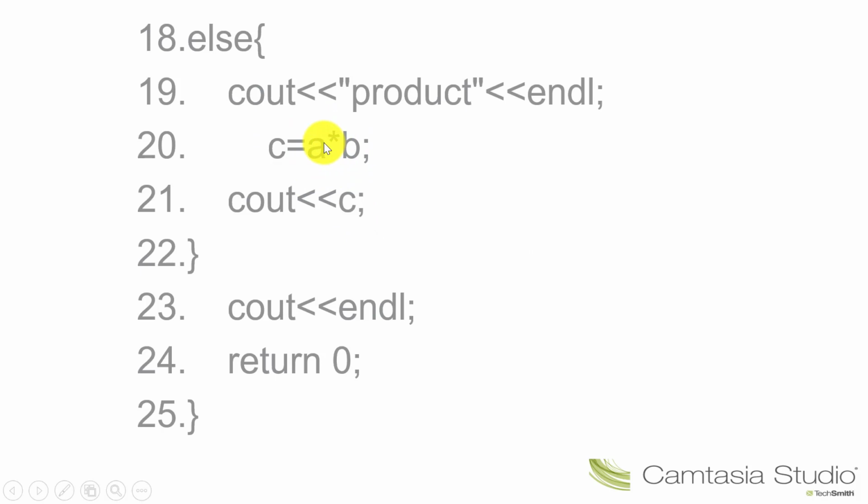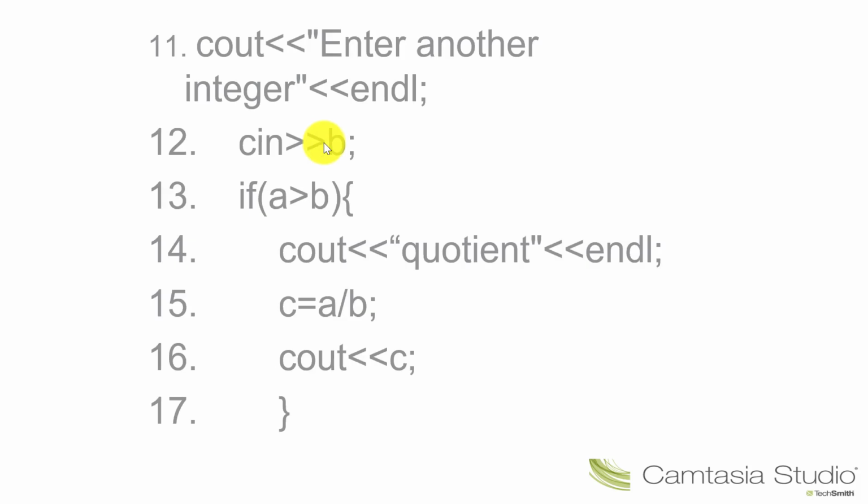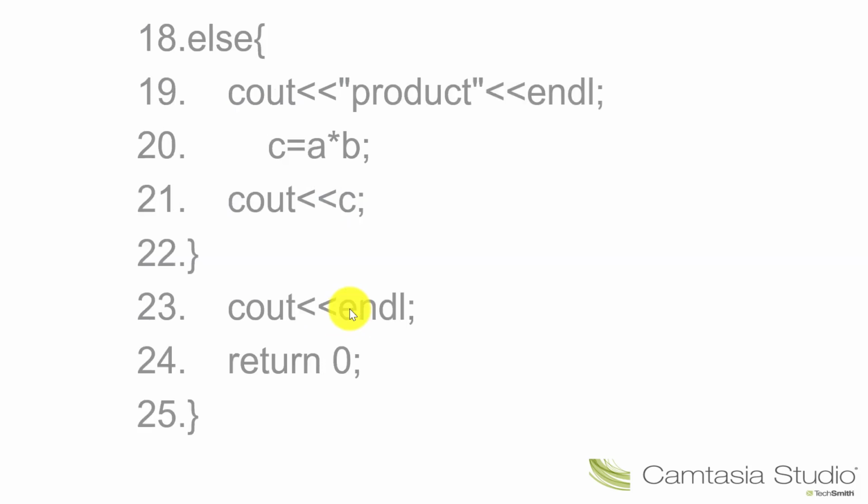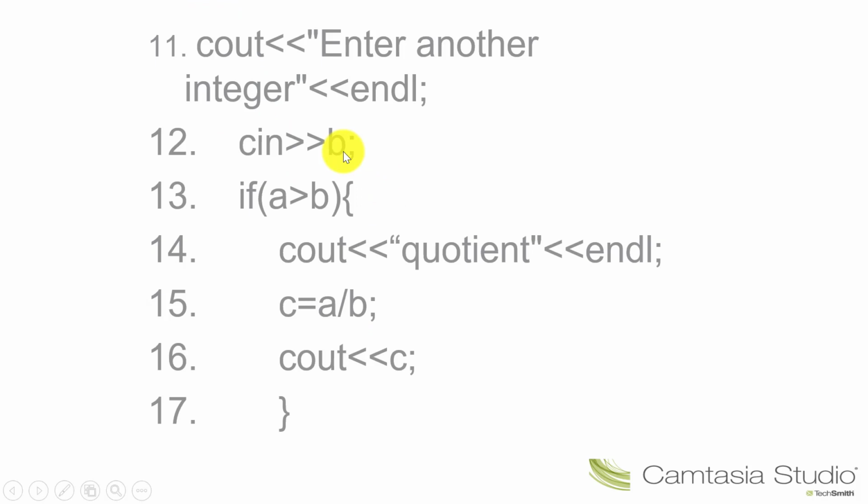Now, in order for division or multiplication to be done, a certain condition will have to be fulfilled. That condition is here. If A greater than B, then division will be done. Else, multiplication will be done. So that is in brief what this calculator does.